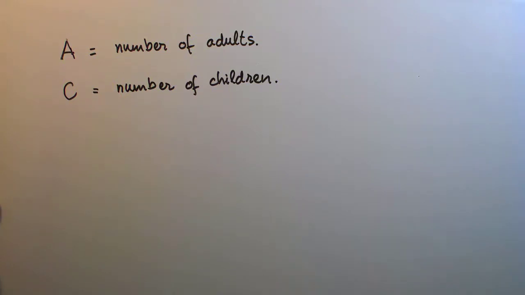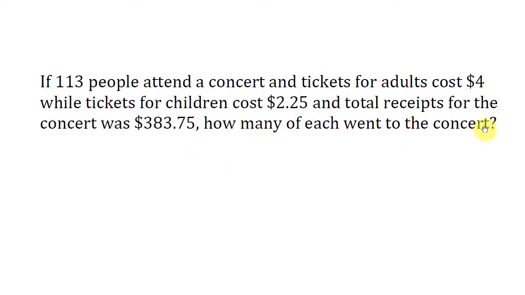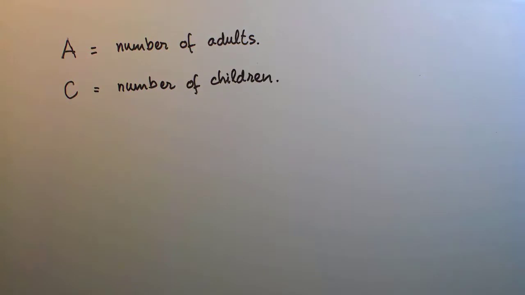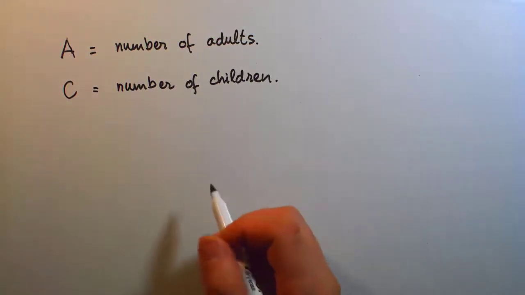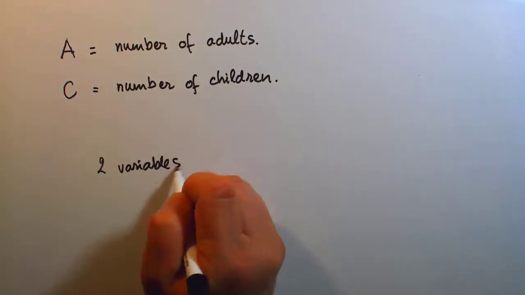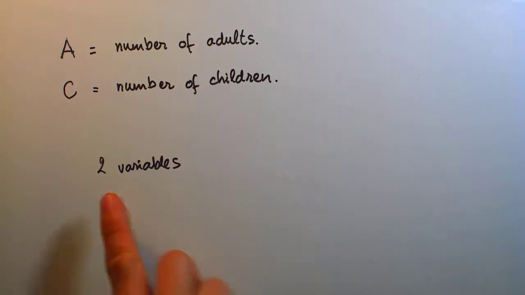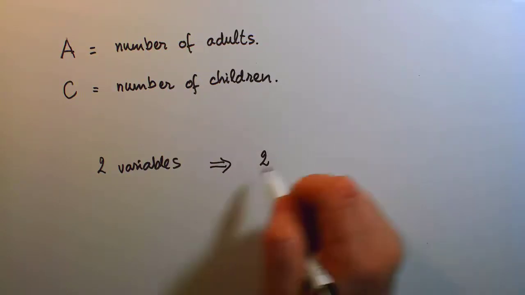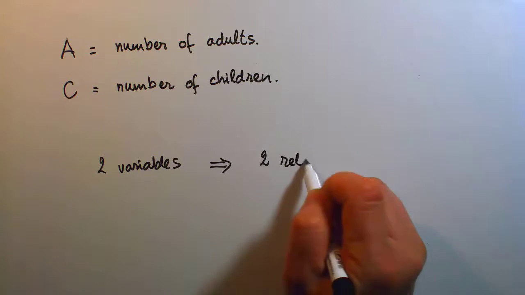So the next step is to look through the information given in the problem. There's no further need to read the final question anymore, but let's roll back and read the entire problem to identify the relationships among the variables. We have two variables, so according to the rule of thumb, we should be able to find two relationships.